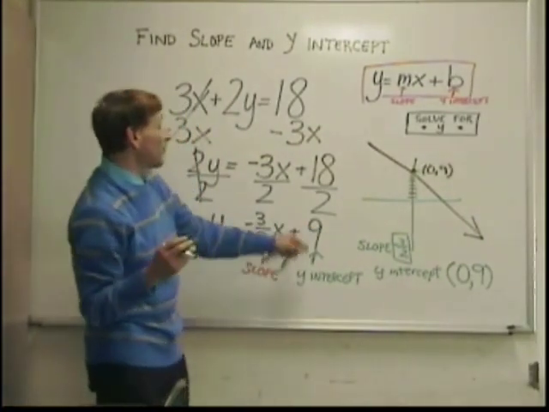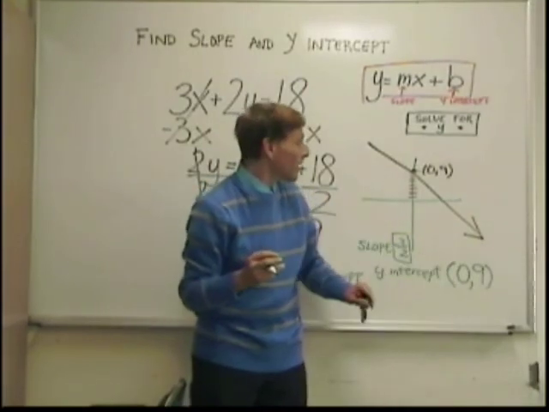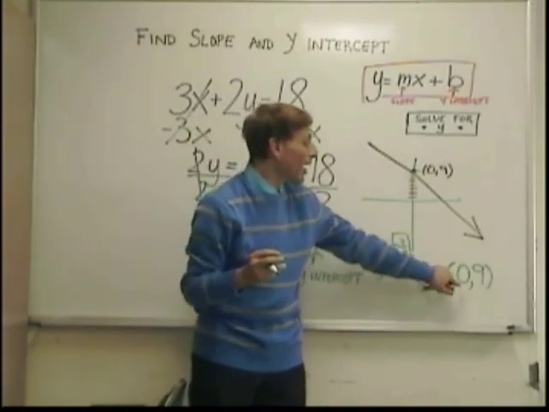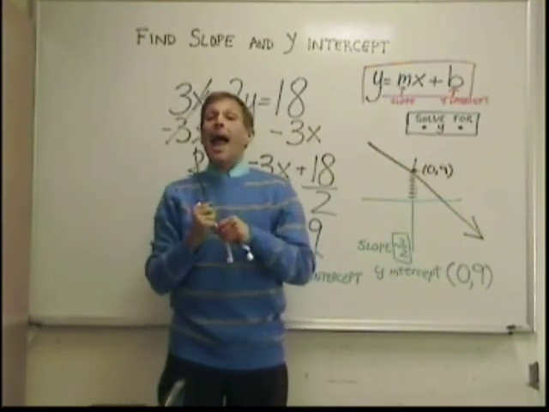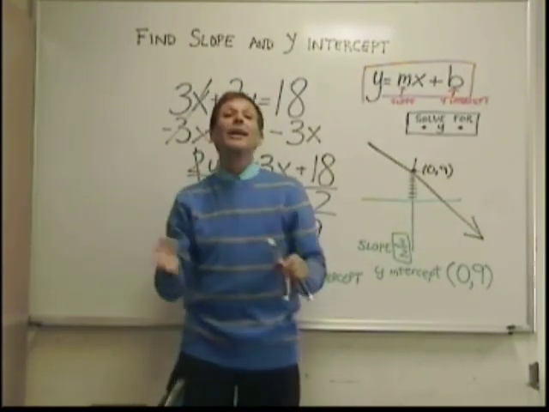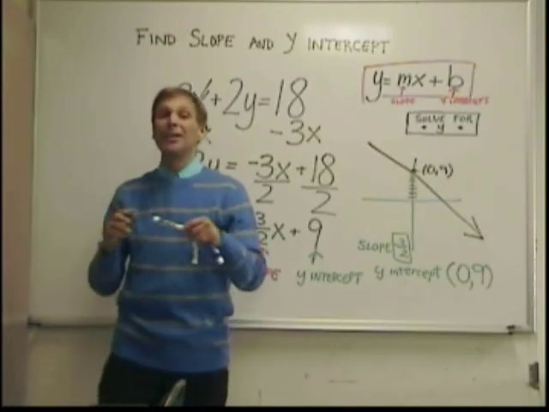So a y-intercept of positive 9 would look like this in coordinate form: 0, comma, 9 in parentheses. And that's how you solve an equation and get the slope and y-intercept for an equation of a line.